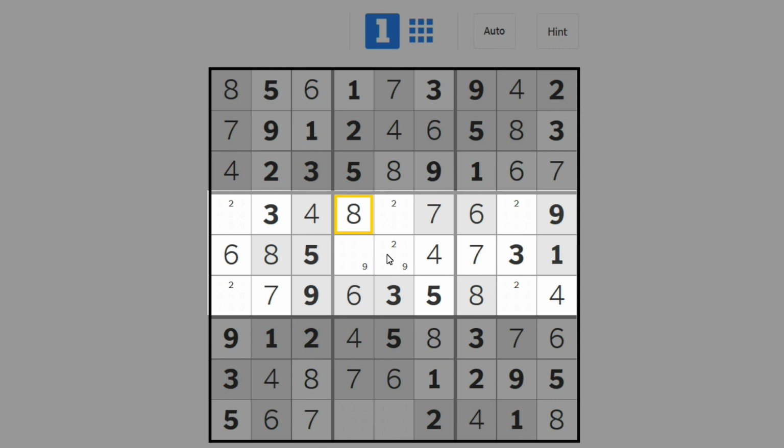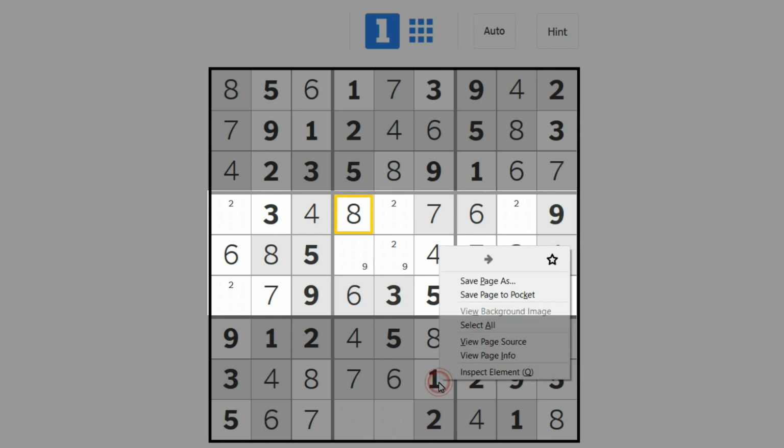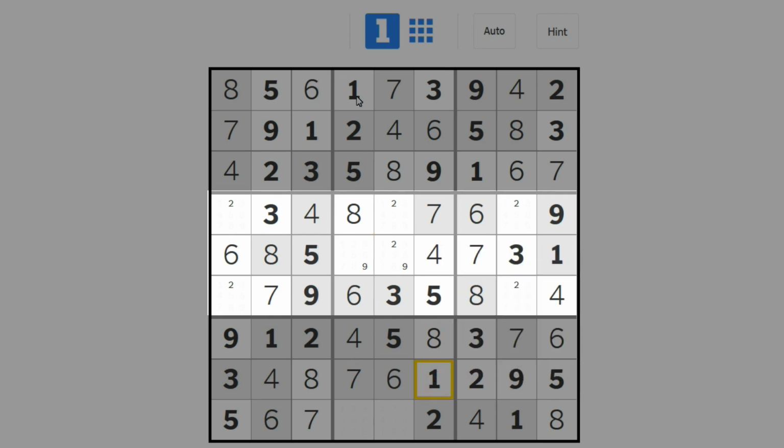So the 1 can go, let's figure this out. The 1 is missing. We have a 1 here, and we have a 1 here. So since the 1 is missing from this block, and it can't be anywhere in this column, and it can't be anywhere in this column, so it must be either here or here, but it can't go here, right, because there's a 1 here, so it must be that the number 1 is here.